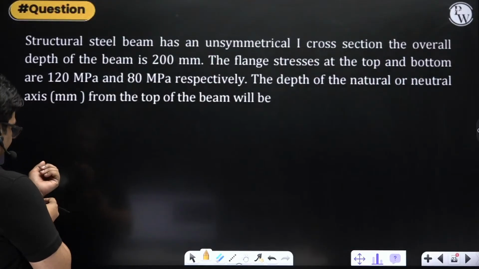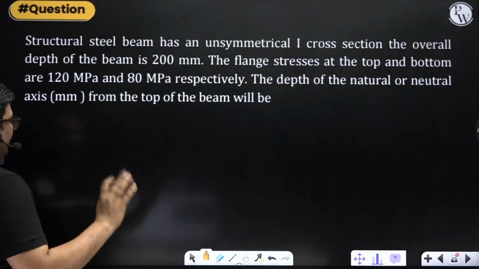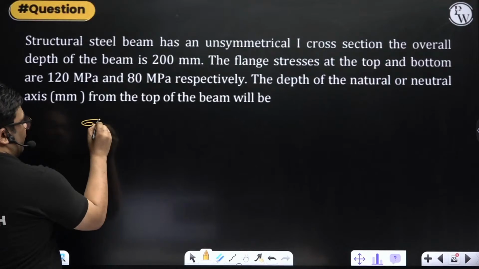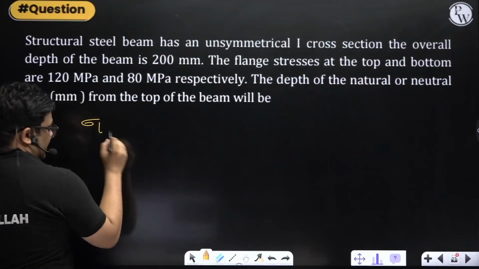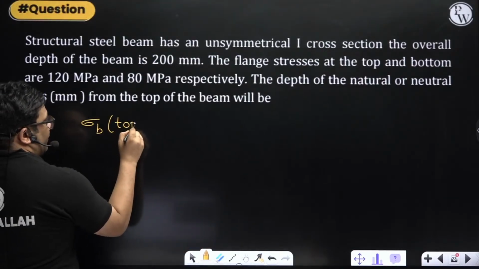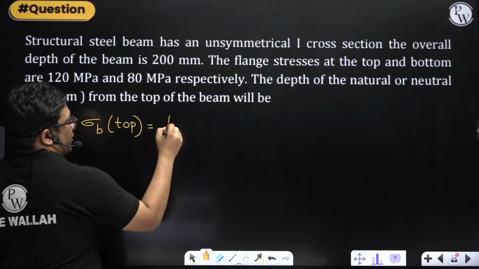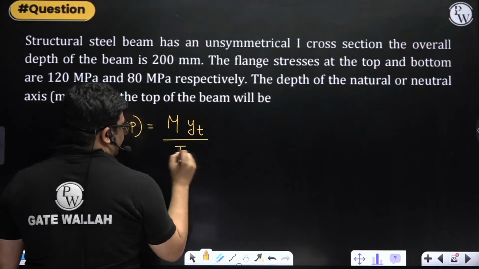You see here, unsymmetrical means y top and y bottom won't be the same. Now see, sigma top is the bending stress at top, which will be equal to bending moment into y top divided by I, right?